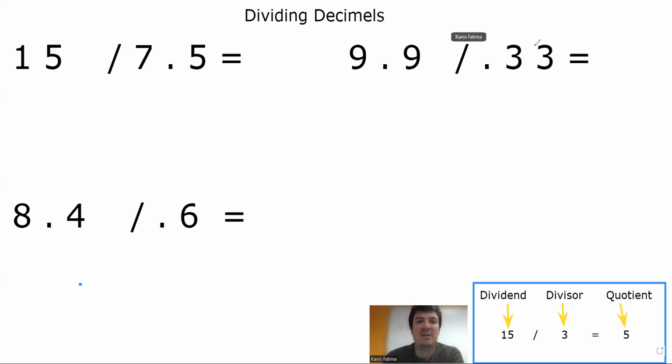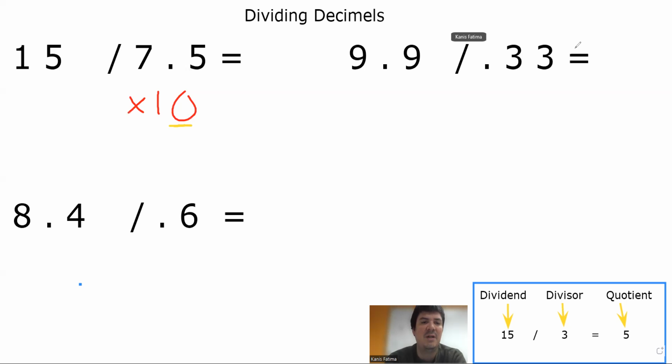Again, our divisor is 7.5. We want to make that a whole number. We want to get rid of that decimal. So the way to do that is to multiply it by 10. So if I multiply 7.5 times 10, remember when you're multiplying decimals by multiples of 10, all you need to do is move the decimal over the same amount of spots as zeros the tens have.